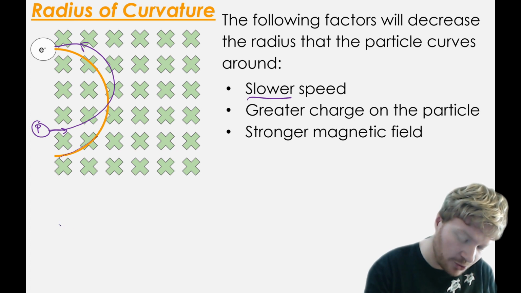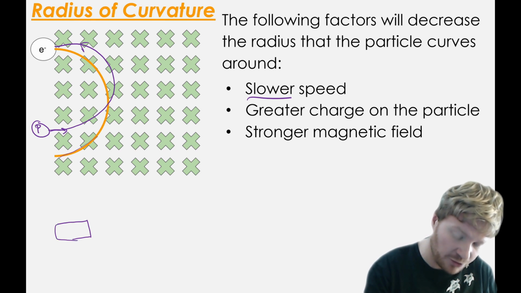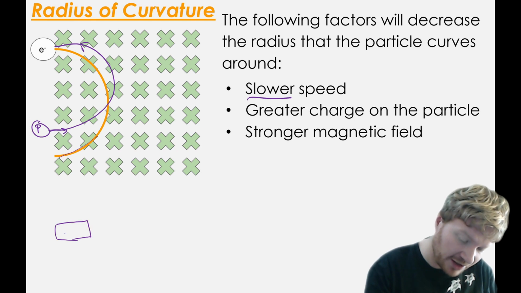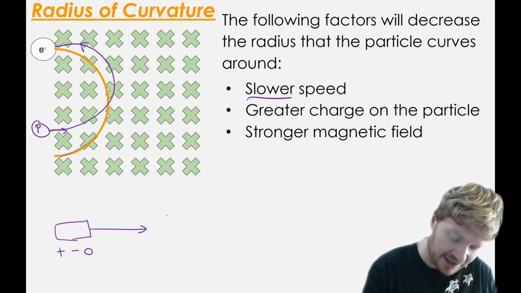So sometimes you get a question like this. Here's a radioactive source, and we'll do this a bit more in the next topic. It is sending out positive particles, negative particles, and neutral particles, all streaming out like that.